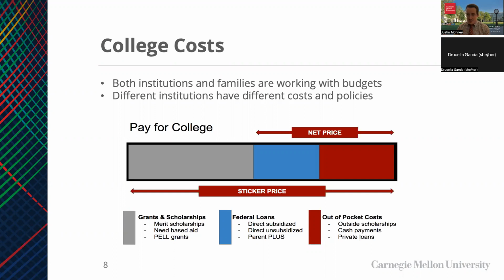They reduce that sticker price to a net price that includes the self-help financial aid that you would have to pay back over time or work for, as well as those out-of-pocket costs that you or your family may be directly subsidizing through contributions from income, from drawing down upon assets, from private borrowing, for example. In this particular graphic represented by the blue as the loans and the red portions making up that net price. So make sure as you're comparing institutions and you're comparing costs that you're comparing net prices and not sticker prices.